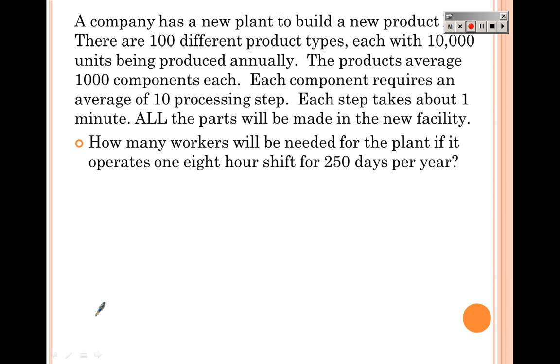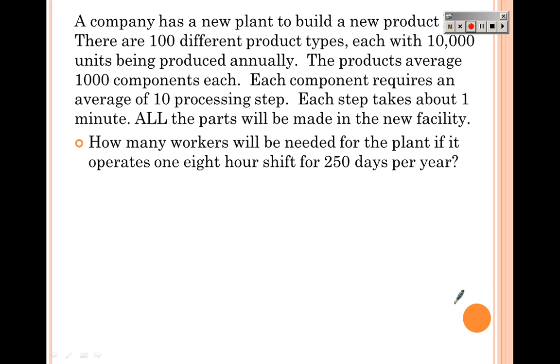So the number of workers is, and that is a whole lot of workers, y'all.